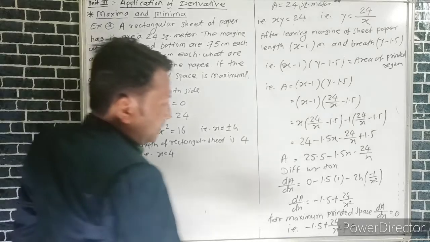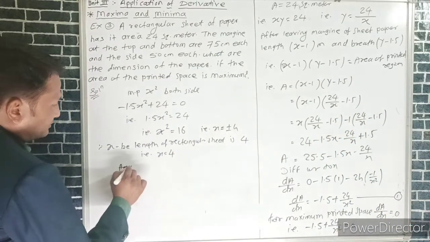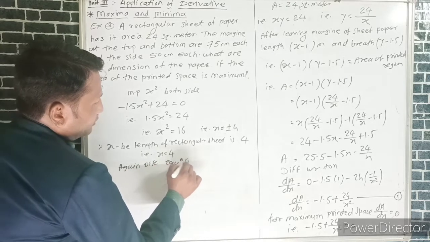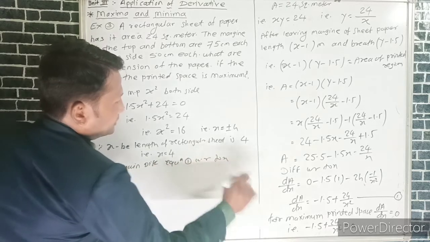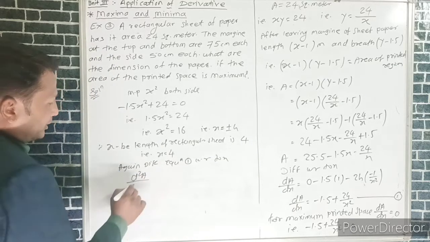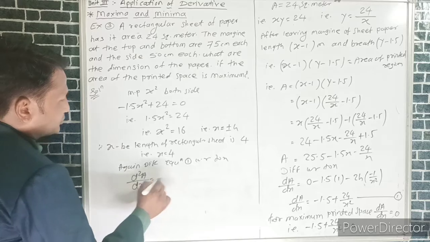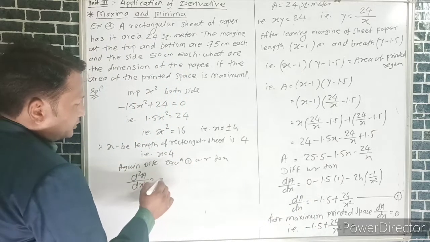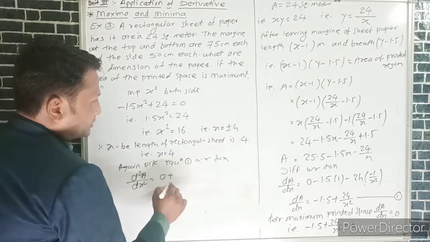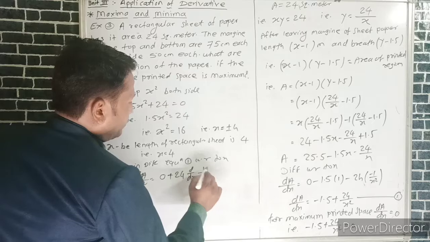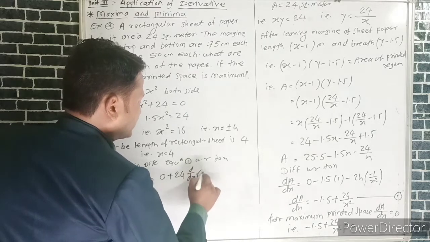If we again differentiate equation 1 with respect to x, then we get the derivative of dA upon dx, which is d2A upon dx square. Here the derivative of minus 1.5, which is a constant function, is 0, plus 24 into the derivative of 1 upon x square, meaning x raised to the power minus 2.